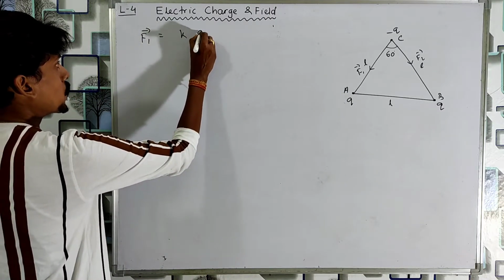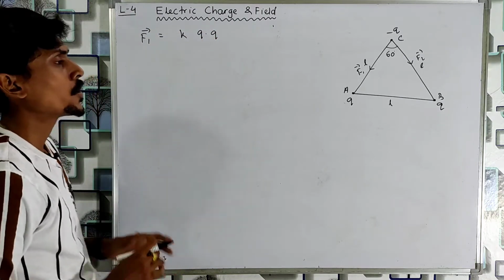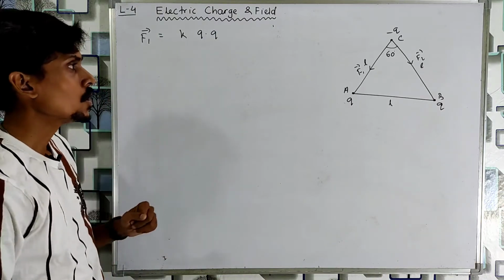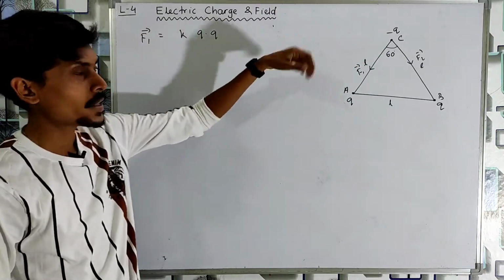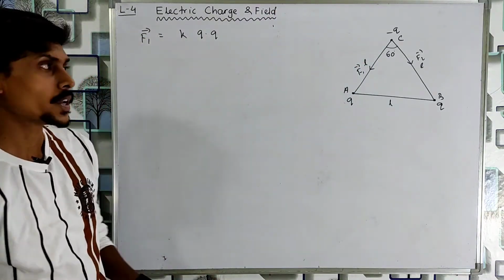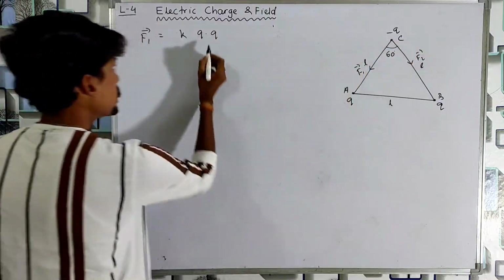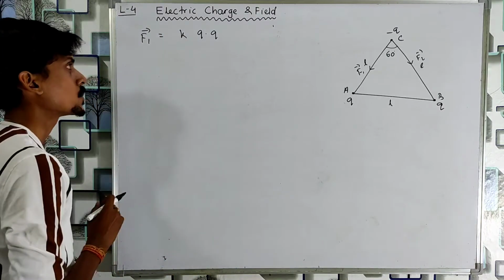K Q into Q. So students, remember that whenever you are writing the expression for force between two point charges, don't write the sign of the charge, just write their magnitudes. So although this charge is minus Q, I have written plus Q here because in magnitude we should not mention the sign.